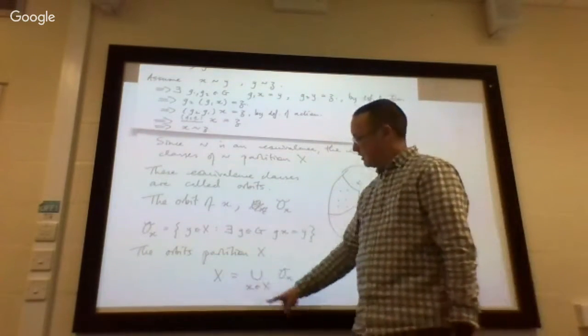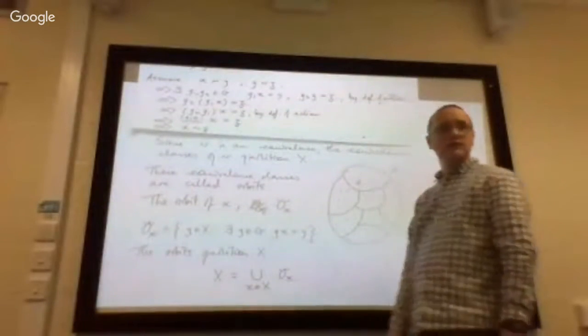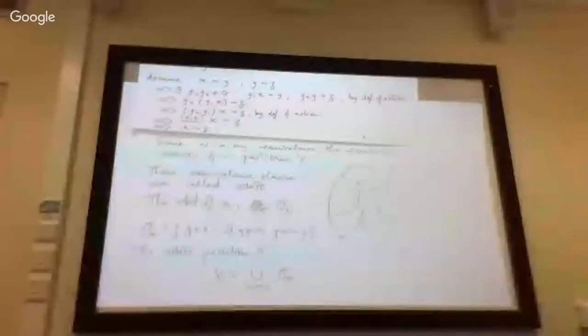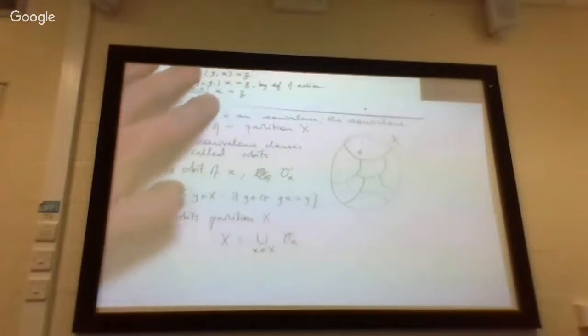The union over every element little x in the set X, the union of all the orbits. Okay, so those are orbits.